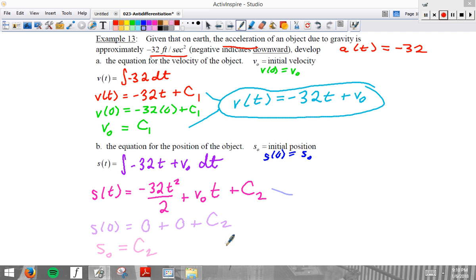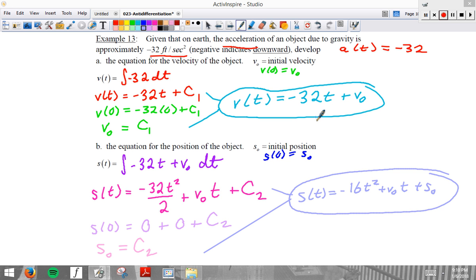Combining these two now, we get S of t, the position at time t. We can simplify that a bit. Negative 16 t squared plus v naught t plus S naught.